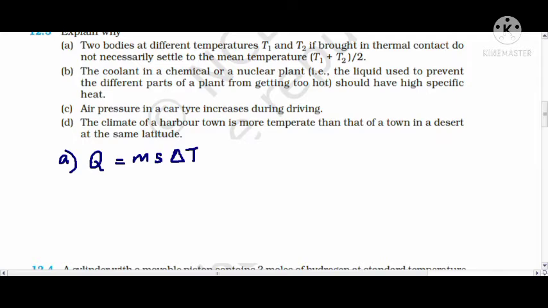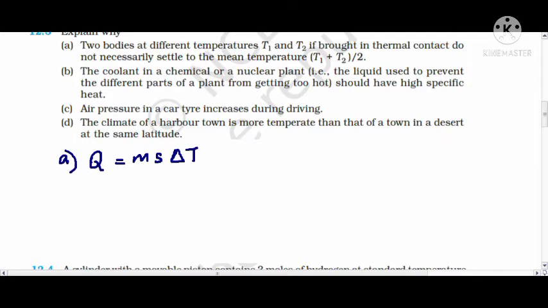Similarly, if one of the bodies is having high mass, then its change in temperature will be less. Therefore, it is not necessary that you get the mean temperature (T1 + T2)/2. That will happen only when both the bodies are having the same specific heat and mass.